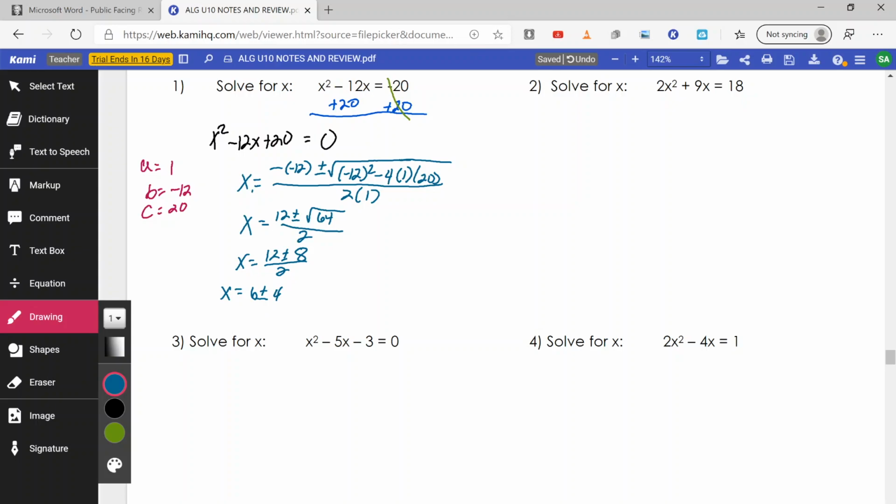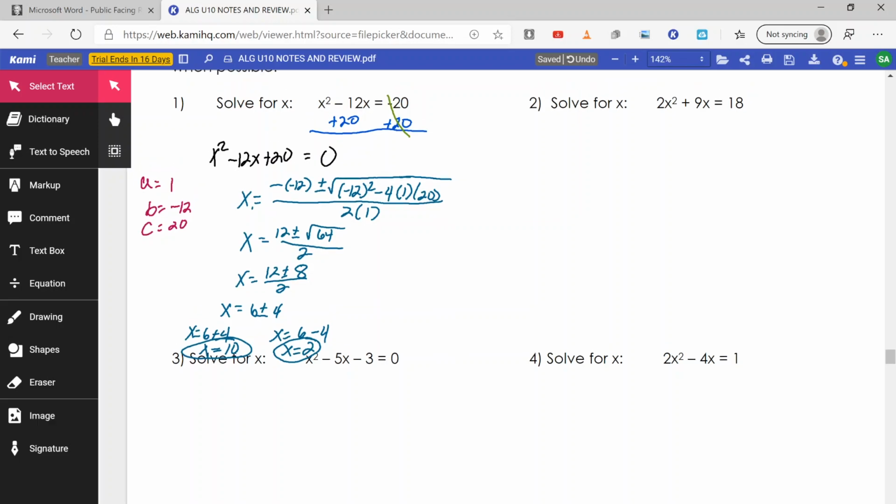Because I can do both functions mathematically, I'm going to split this up into 2 equations. So one is x equals 6 plus 4 and x equals 6 minus 4. 6 plus 4 gives me an x value of 10, and then 6 minus 4 gives me an x value of 2. So that is using the quadratic formula, and we get nice numbers at the end, 10 and 2.